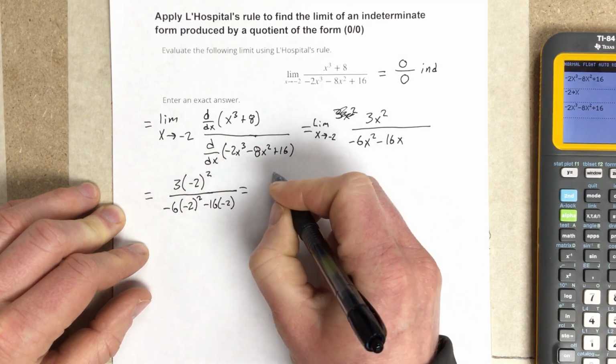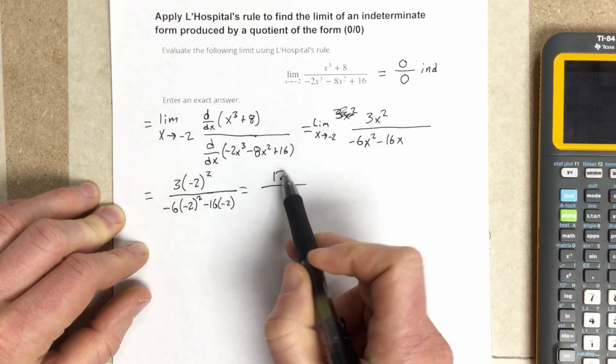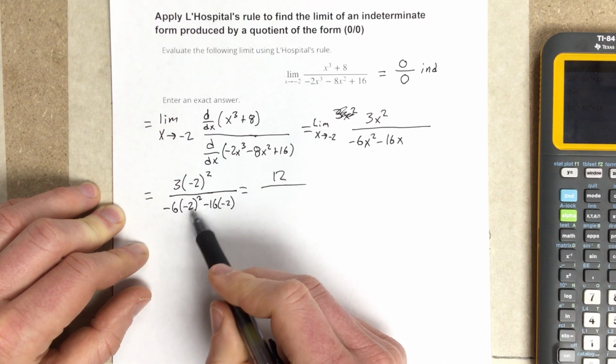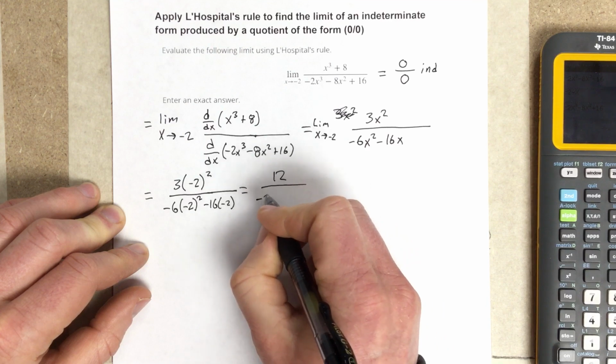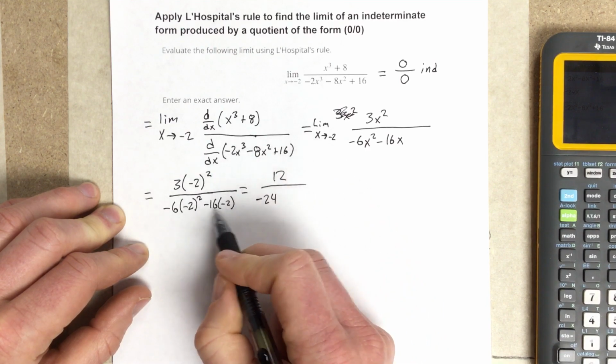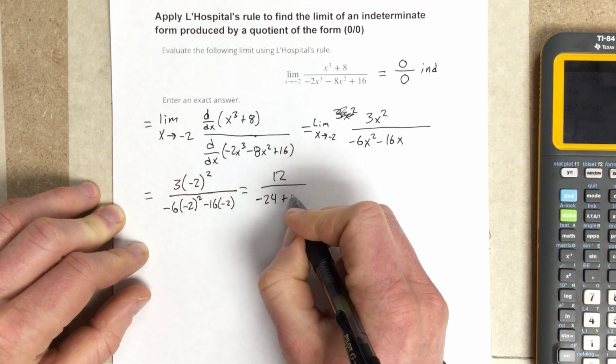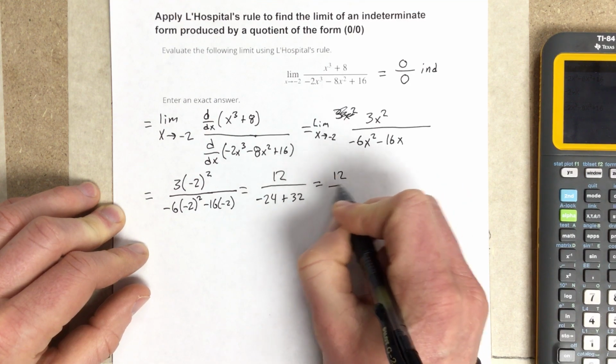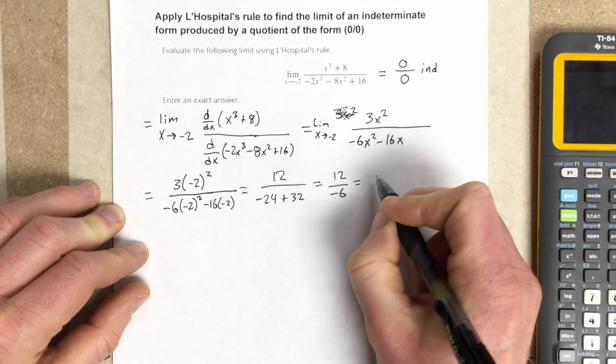Negative 2 squared is 4, so I get 12 on top. So I'm not getting 0, that's important. Then on the bottom I get 4 here times negative 6, that's negative 24. And then this will be positive 32. So I get 12 over negative 6, which is negative 2.